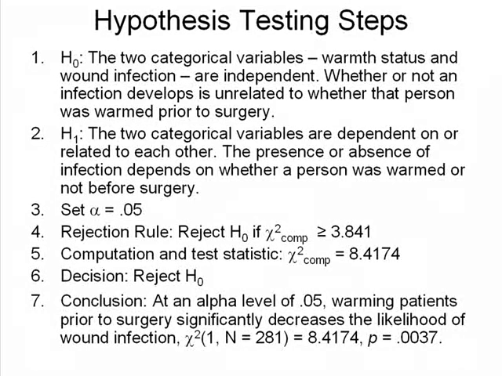Step 7, we have our 3-step conclusion. Again, the first step is just to say what the alpha is. Second step is to say what our conclusion is in words. And our third step is to have the statistical string. The statistical string differs in 2 ways here. One way is that besides just having the degrees of freedom in parentheses, we now have to add what our number of subjects were.